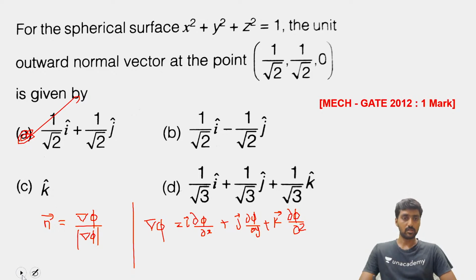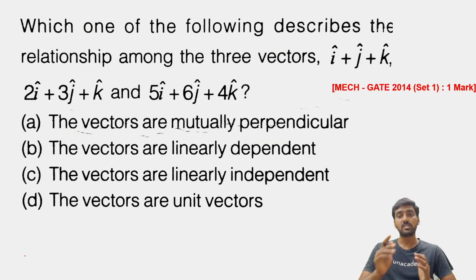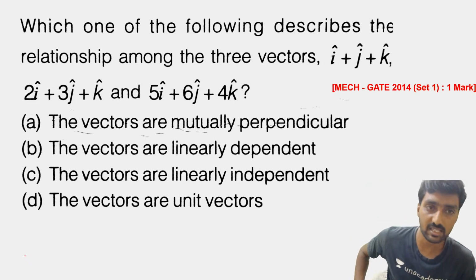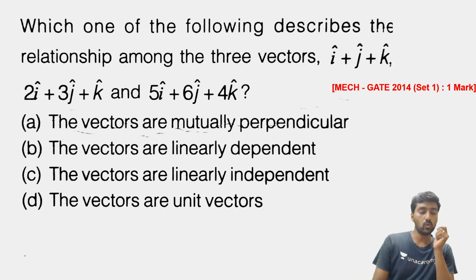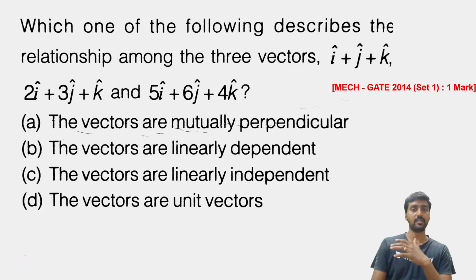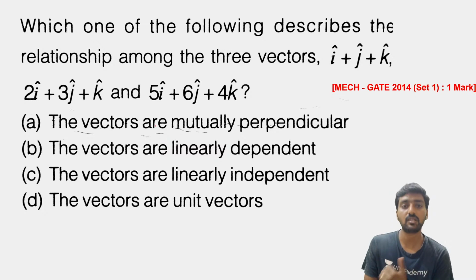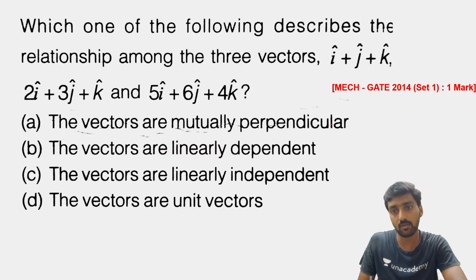So plus 1 divided by root 2 i vector plus 1 divided by root 2 j vector is the right solution. Next one: which of the following describes the relationship among the three vectors i plus j plus k, 2i plus 3j plus k, and 5i plus 6j plus 4k? If the dot product between the vectors is equal to 0, they are mutually perpendicular.